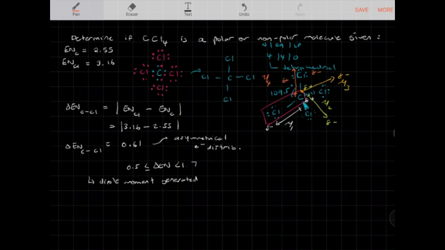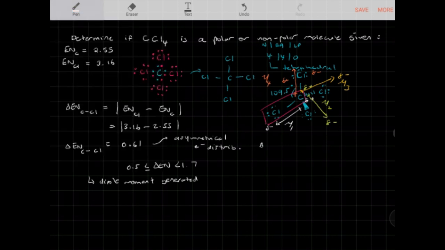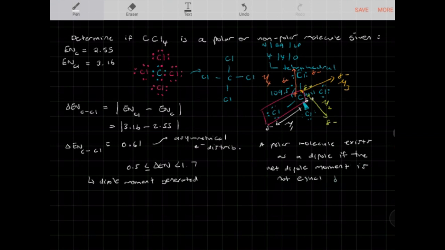Just because a molecule has polar bonds doesn't make it a polar molecule. The best definition of a polar molecule is that it exists as a dipole if the net dipole moment is not equal to 0.